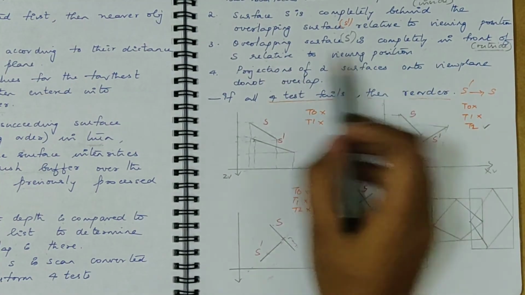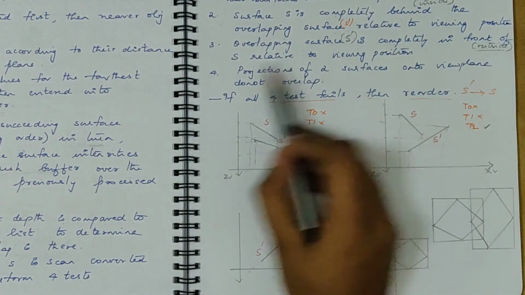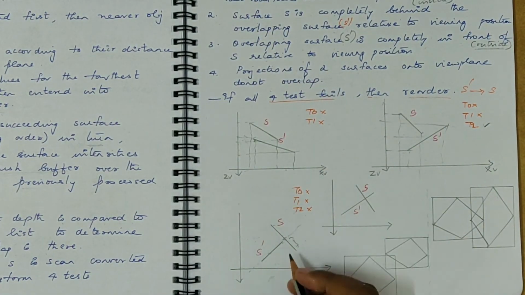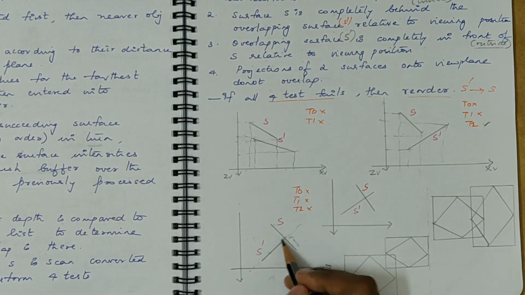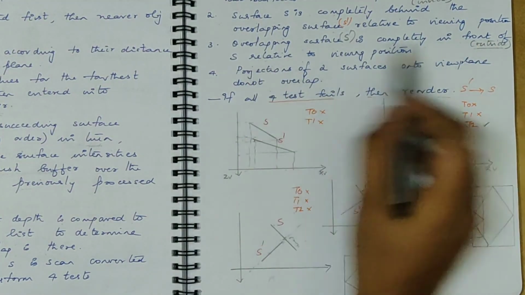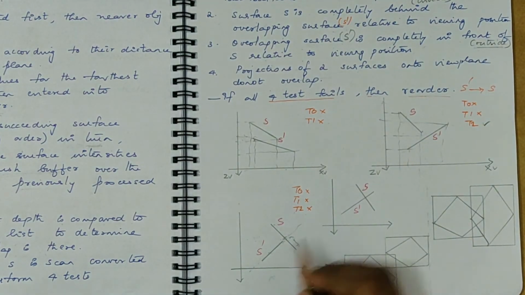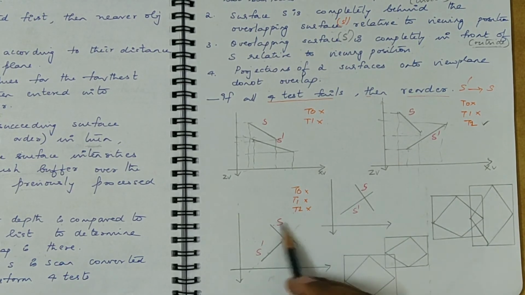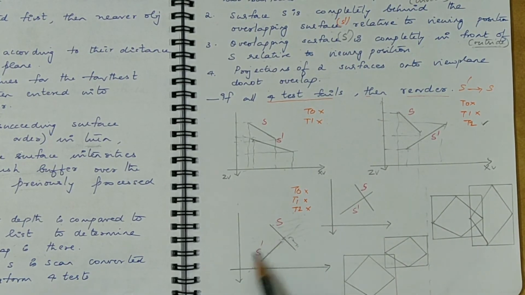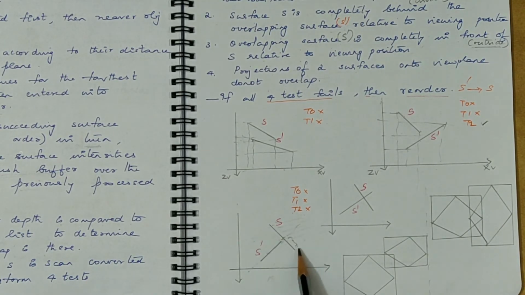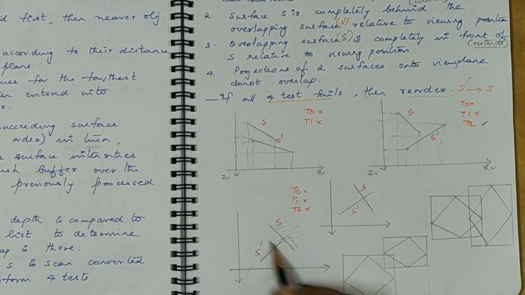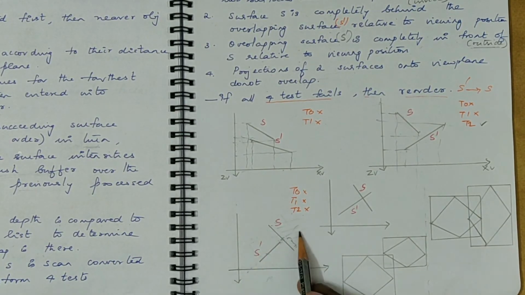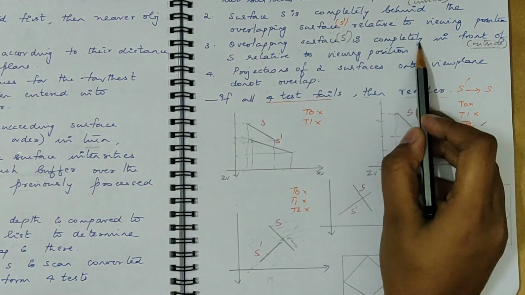Test 3 says the overlapping surface is completely in front of S. So you have to check whether it passes this case, that is, whether the overlapping surface S dash is completely outside S. Here you can see this is S dash and this is S. With respect to the viewing position, all the points that come here are inside and all the points that come here are outside with respect to S dash.